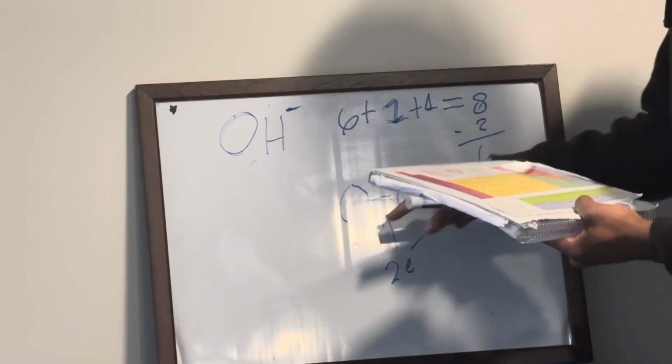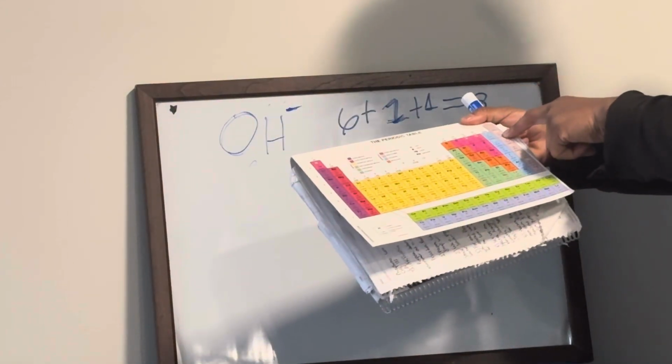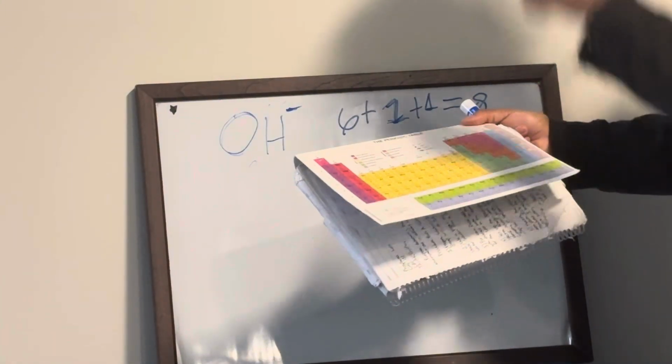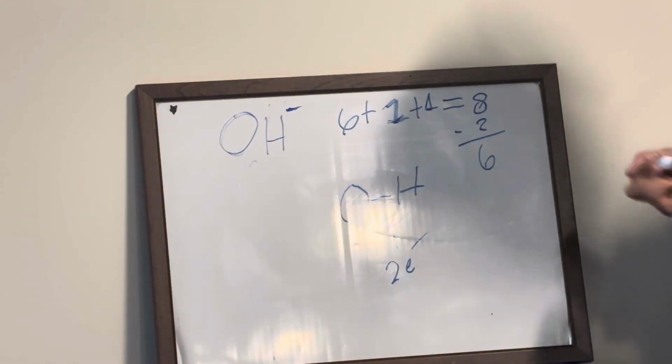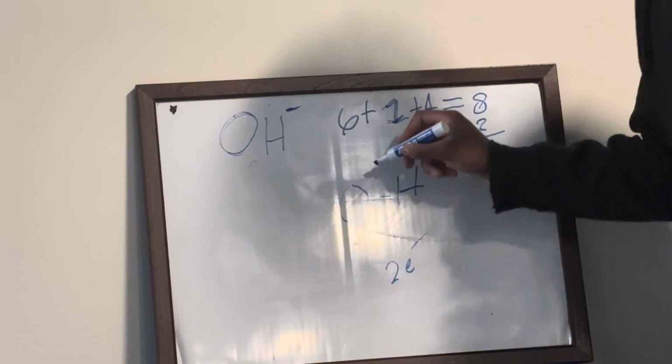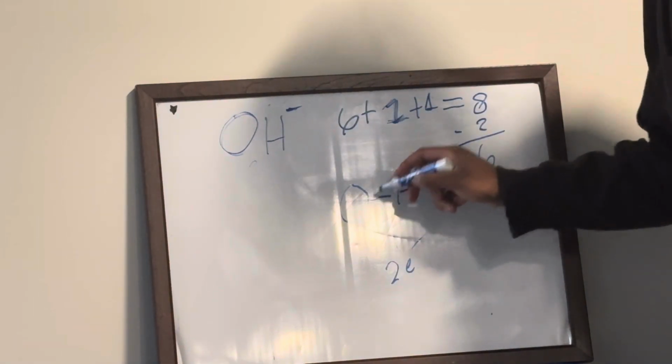But now for oxygen, it has 2 electrons, but it's asking for 8 in this row. So we're gonna give it a little bit more. And it's gonna look just like this. We have 6 more electrons. It already has 2.